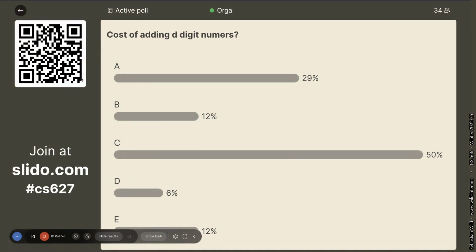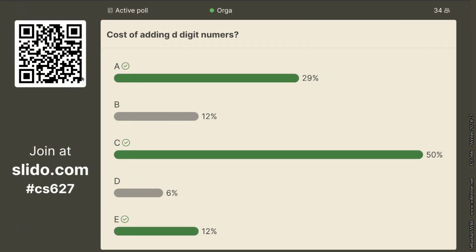Let's see the results. And I've allowed various things as correct answers because the point of the question is that it's not a very well-defined question.